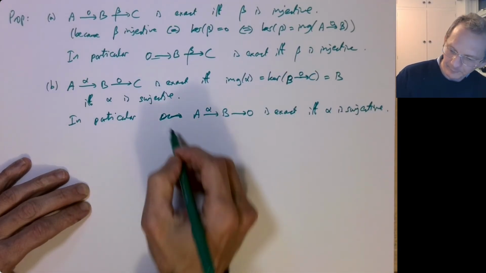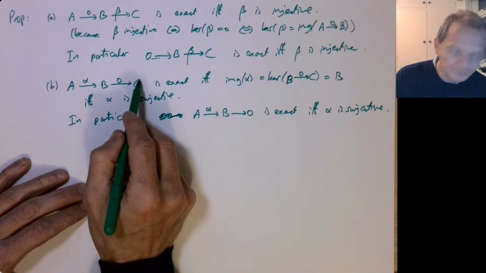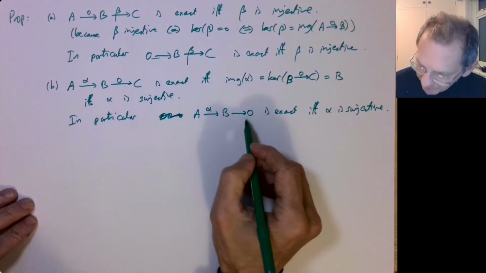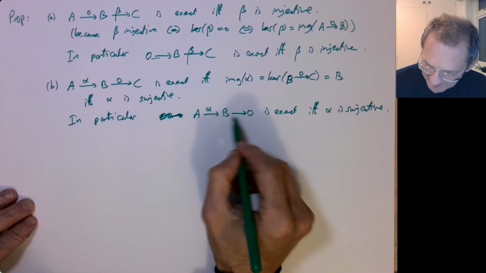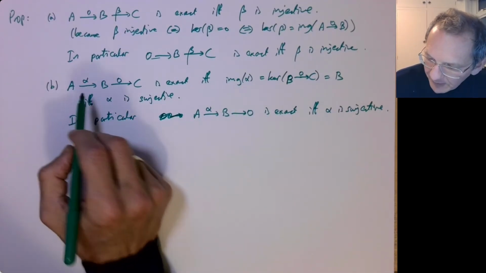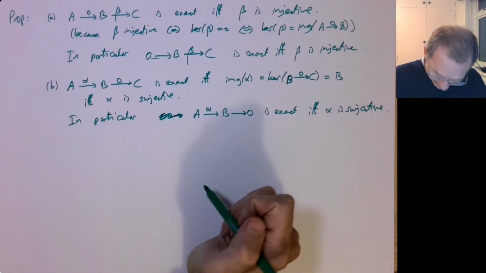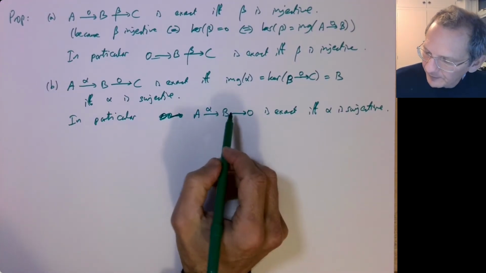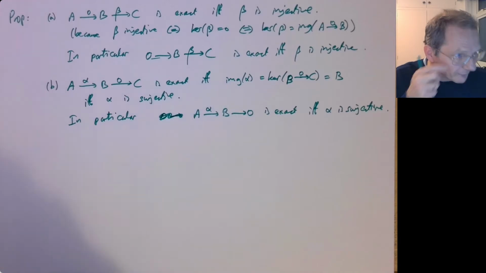In particular, it could happen that the group C is the trivial group. Then the homomorphism from B to C is forced to be the 0 homomorphism, so the first observation applies, and exactness is equivalent to alpha being surjective.